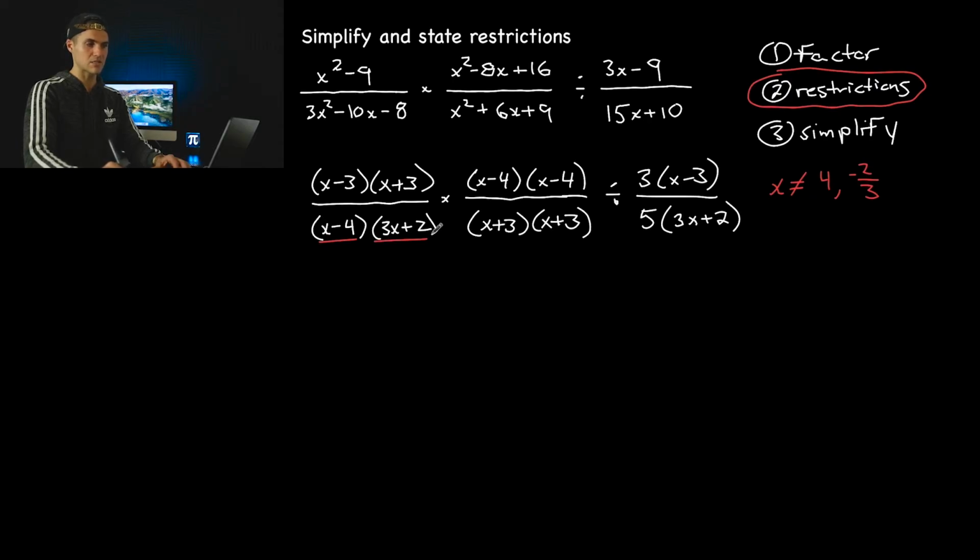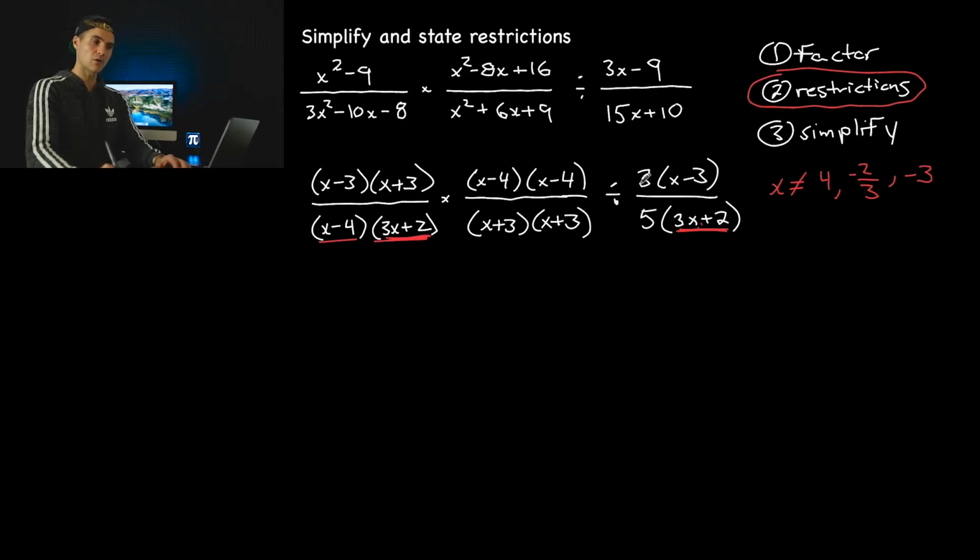Basically, the denominators can't be 0. This x plus 3 is the same factor, so that means x cannot equal negative 3. That's another restriction. And then from this denominator, it's negative 2 over 3, but we already got it here. It's the same factor, so we don't have to write it again.